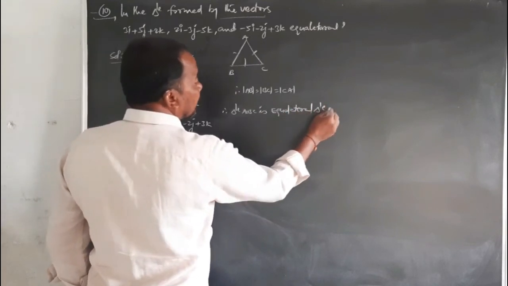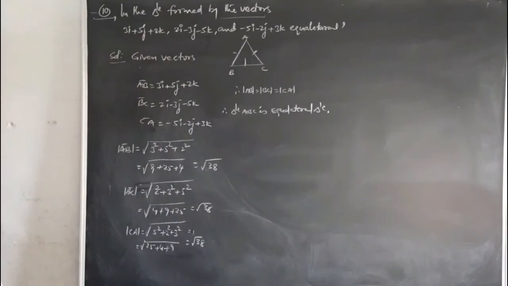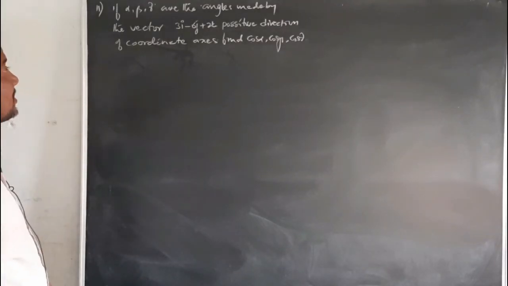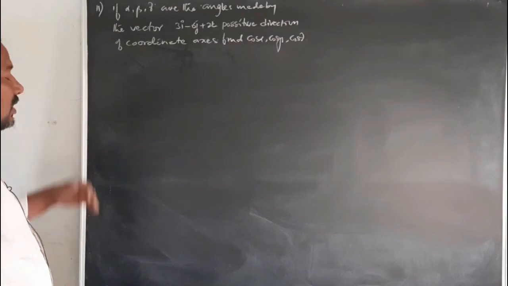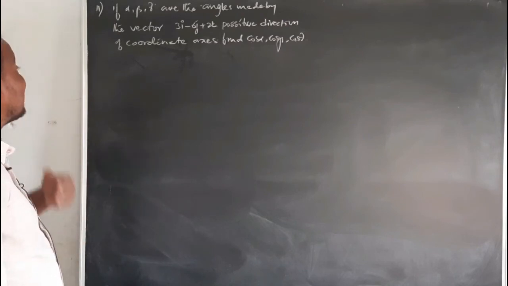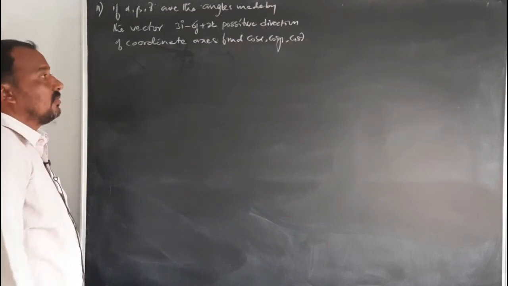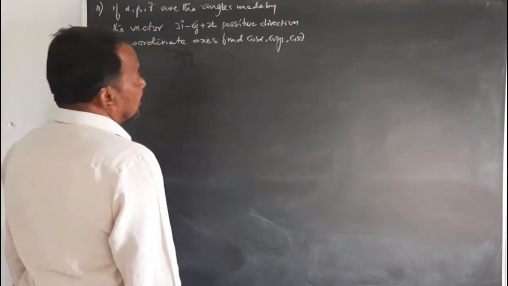If alpha, beta, gamma are the angles made by the vector 3i minus 6j plus 2k with the positive direction of the coordinate axes, find cos alpha, cos beta, cos gamma.